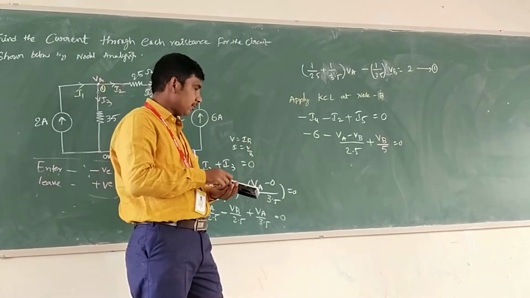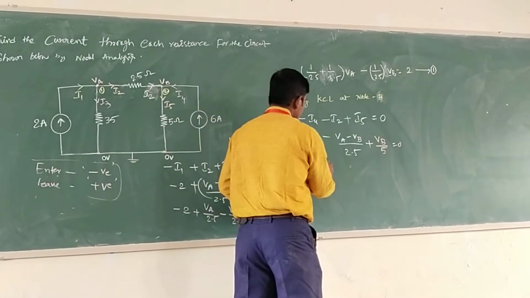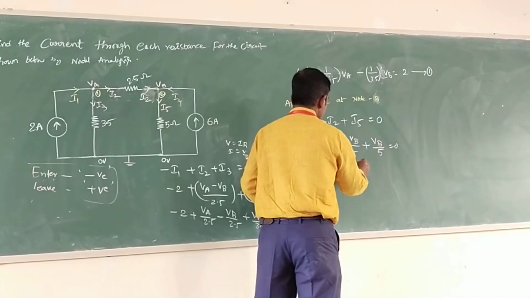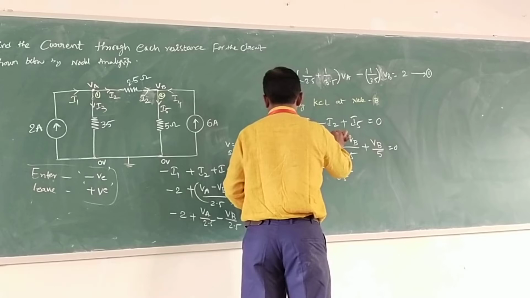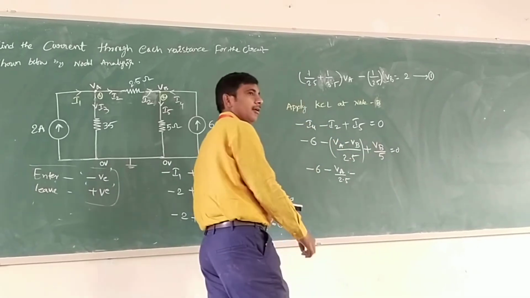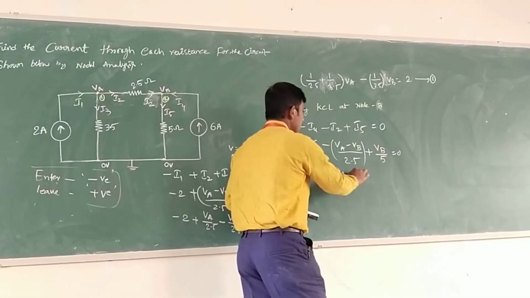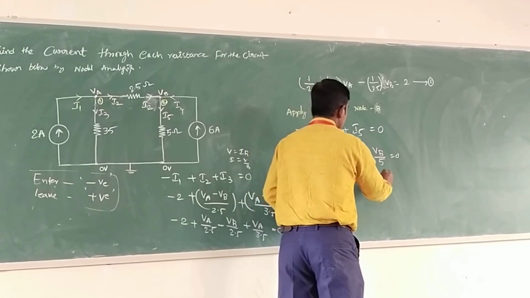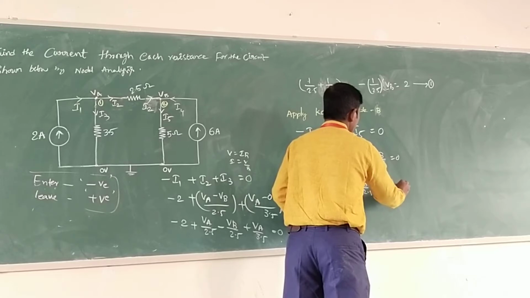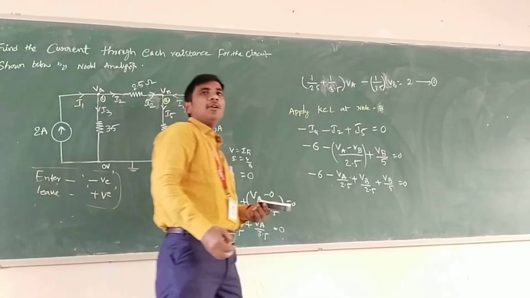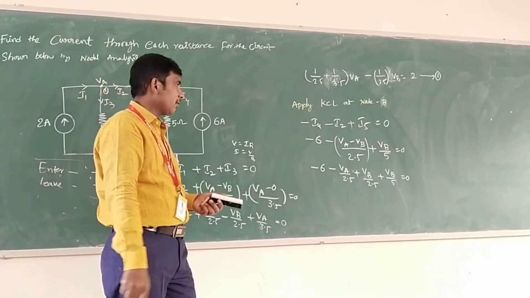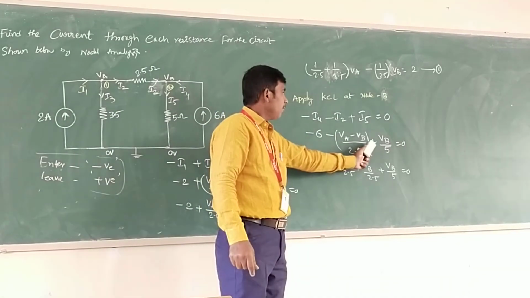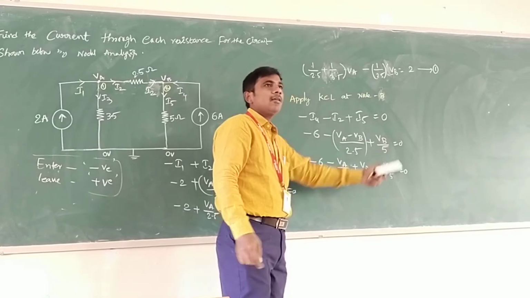Minus 6 minus VA by 2.5, put in bracket, then it becomes plus VB by 2.5 plus VB by 5 equal to 0. Carefully we have to remove the brackets or use the brackets. It is minus I2, where I2 is VA minus VB by 2.5, plus VB by 5 equal to 0.